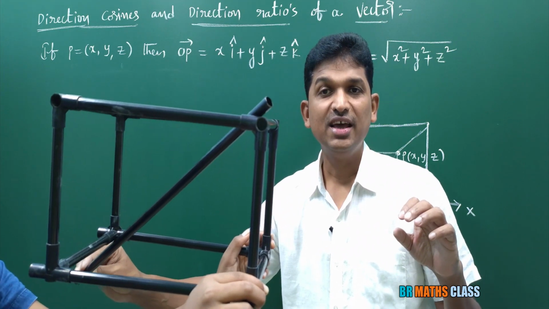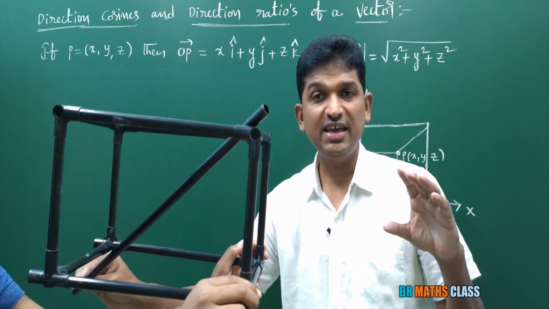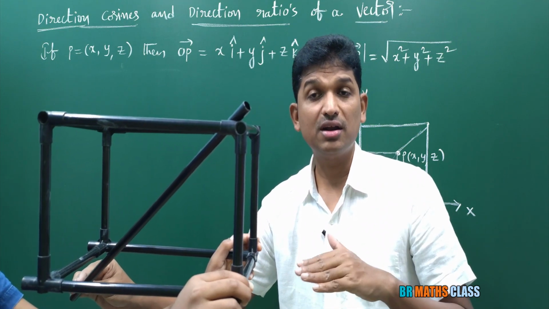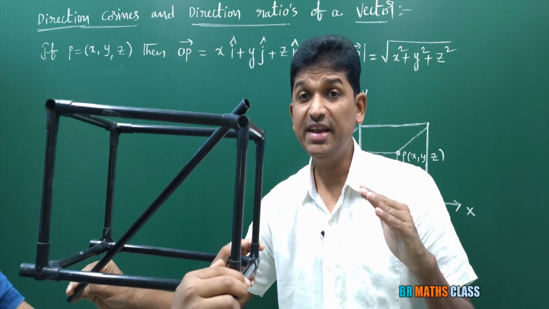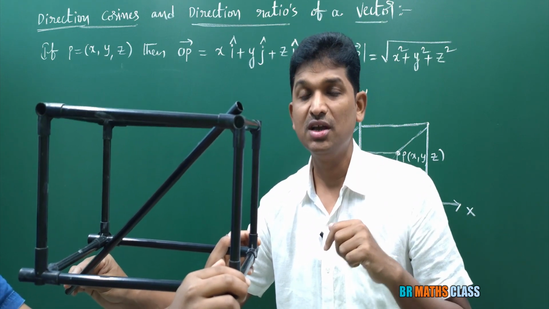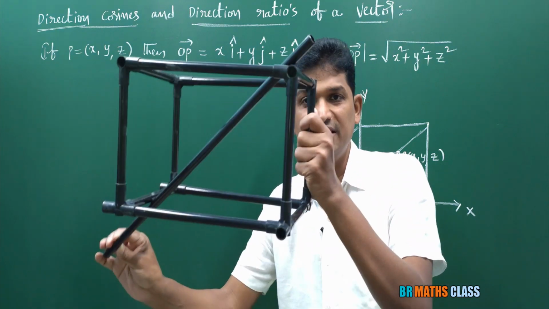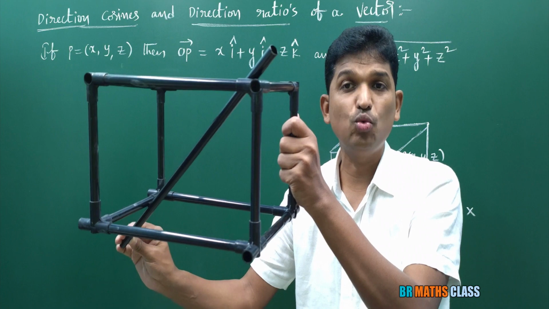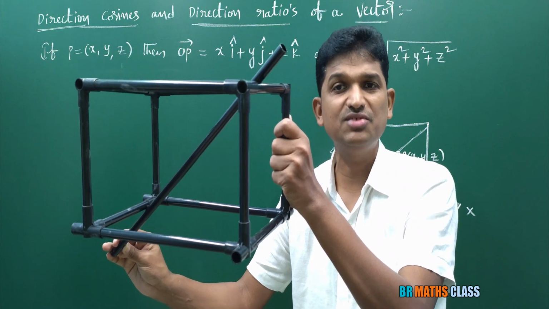What I said, if OP bar makes an angle alpha with x-axis, then PO bar makes an angle 180 degrees minus alpha with x-axis. This is the point you need to catch. Take this type of geometrical figure and try to understand what I am saying, then you can understand this very easily.